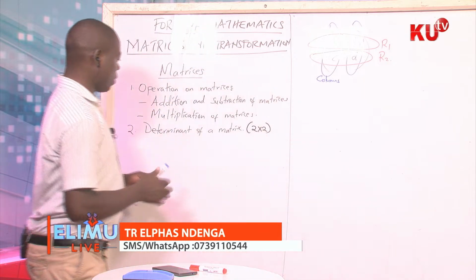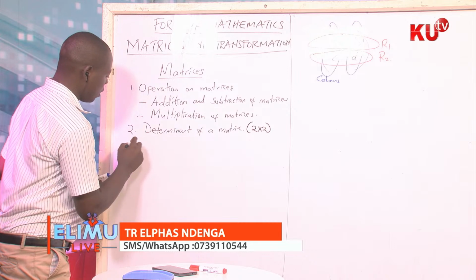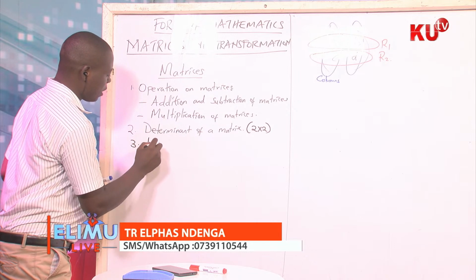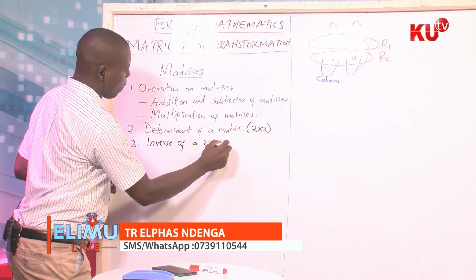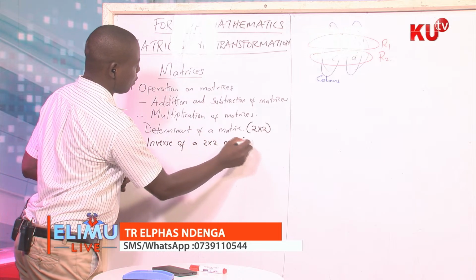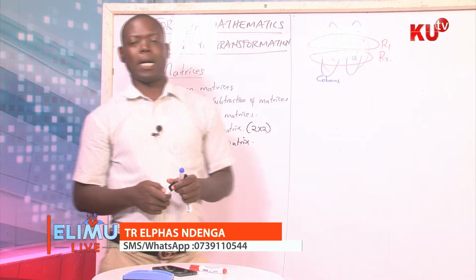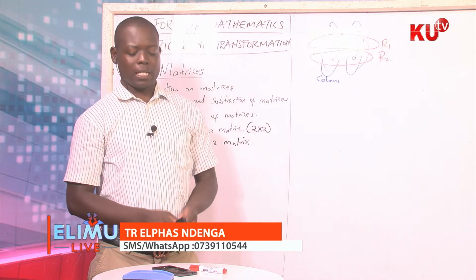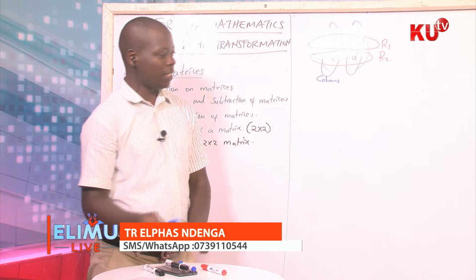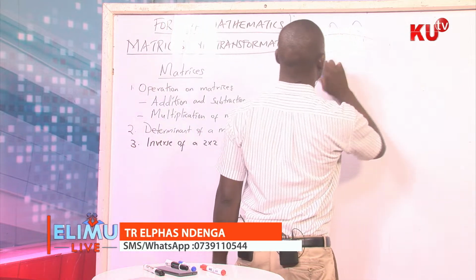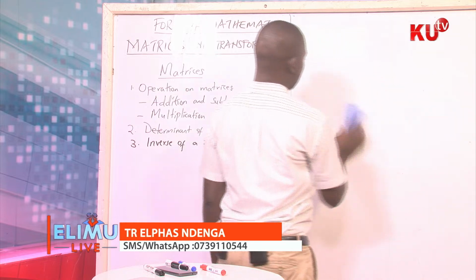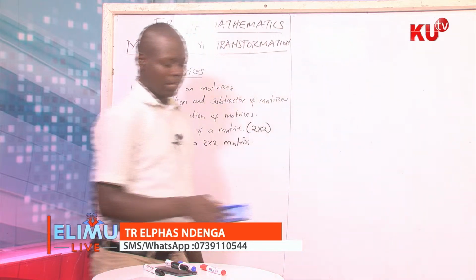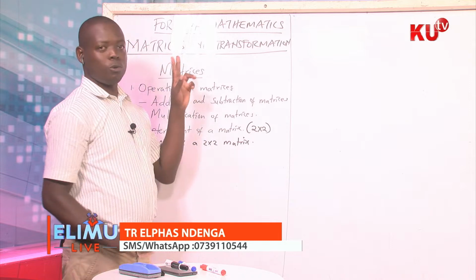And lastly, you will need to review the inverse of a 2 by 2 matrix. These are the key areas that will give us the foundation to build on to matrices and transformation. As I've identified to you, this is 2 in 1.